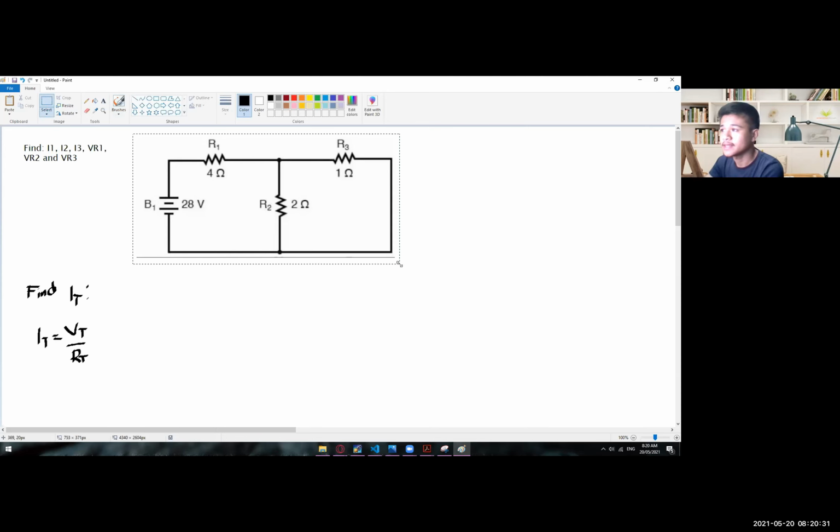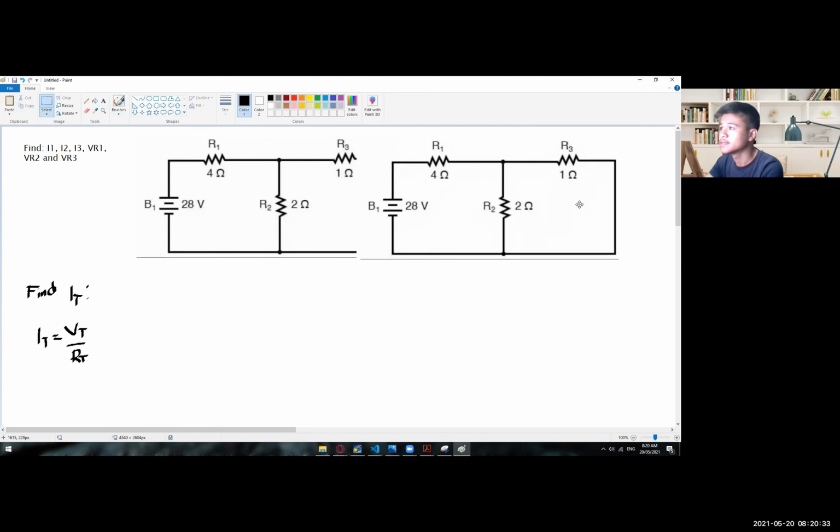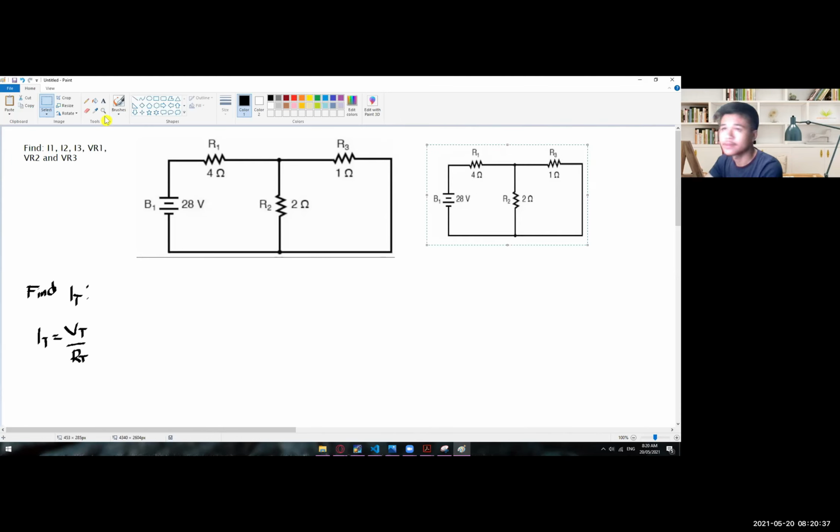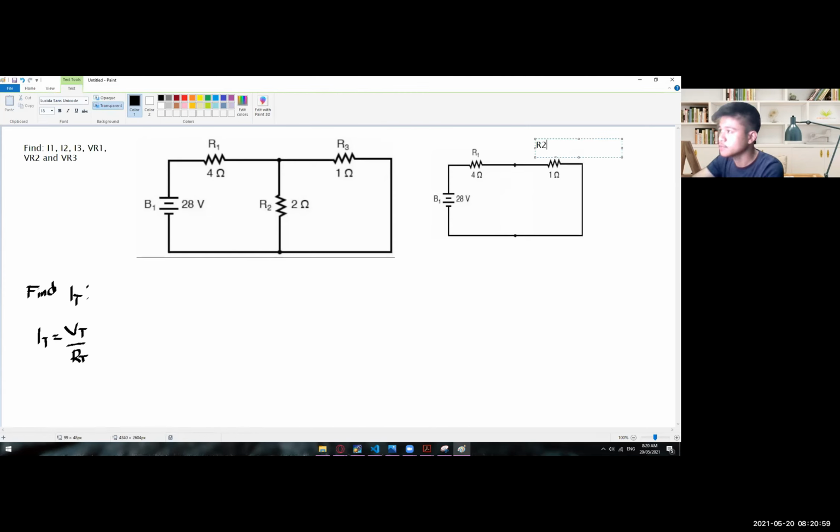If I simplify this one, let me get another copy, but let me make this one smaller. What I will do is add R2 and R3 with each other, with the computation of parallel. I will delete this one, and this one now will become R2 parallel to R3.